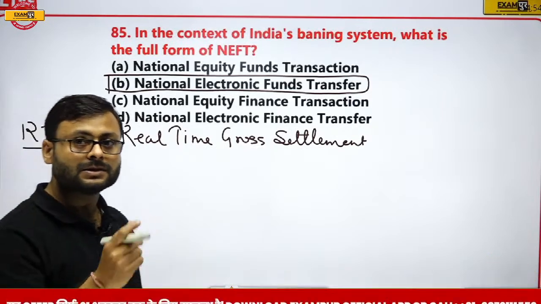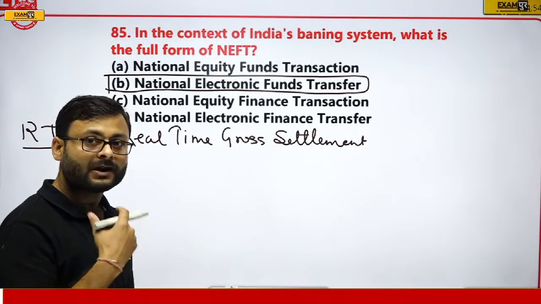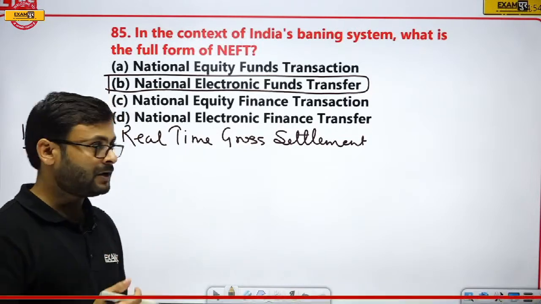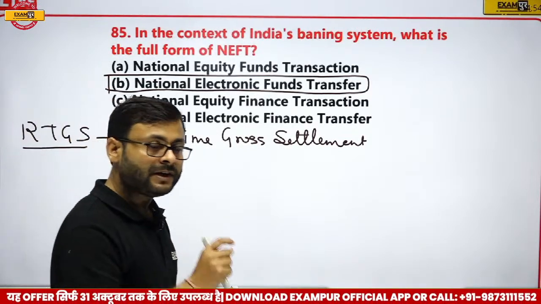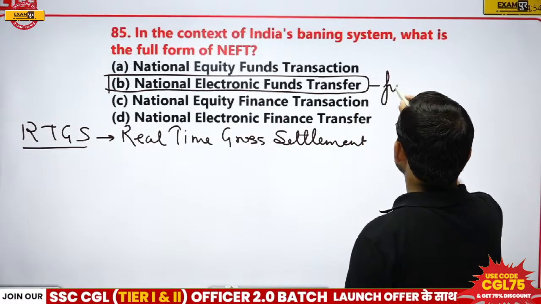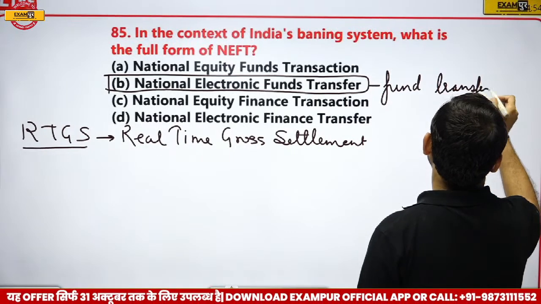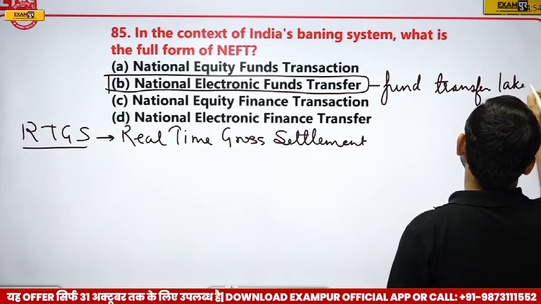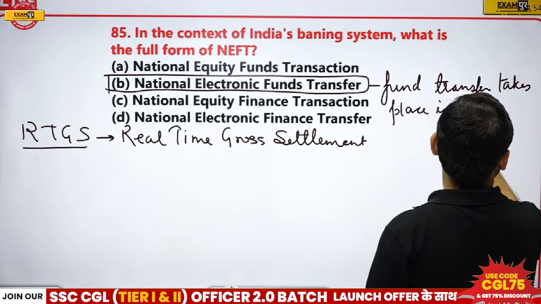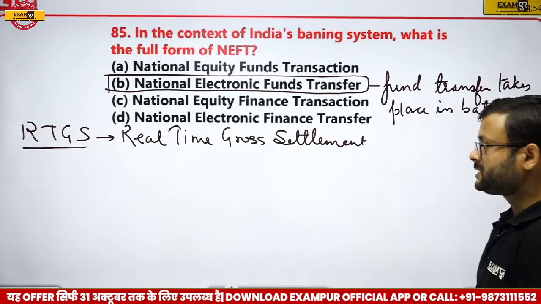Both are online systems of transferring money from one account to another, so what is the basic difference between RTGS and NEFT? The basic difference is that in NEFT, fund transfer takes place in batches.